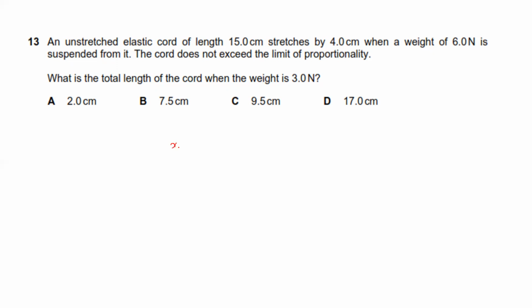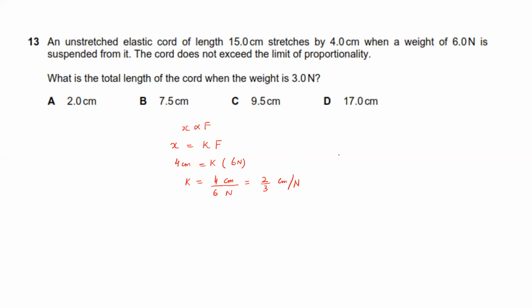So remember, extension equals K times force, extension is directly proportional to force and K is the proportionality constant. So our extension is 4 centimeter and F is 6 newtons. So our K value is 4 by 6 centimeter per Newton, and this is 2 by 3 centimeter per Newton.